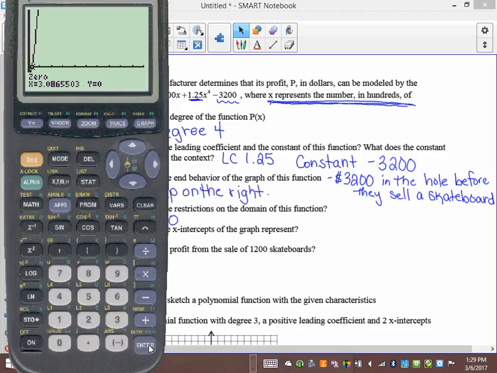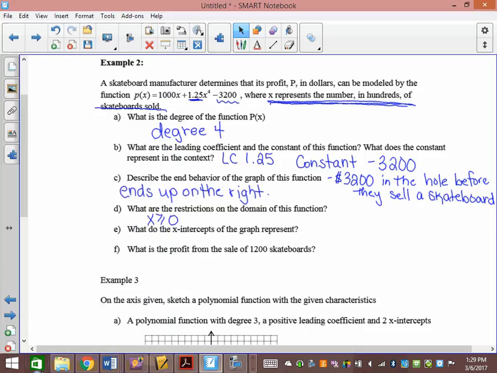Okay? So what does that 3.1 represent? What does 3.1 represent? Right. So that 3.1, and I'm really rounding it. So how many skateboards is that? 310.